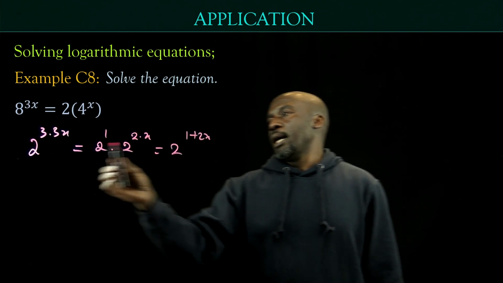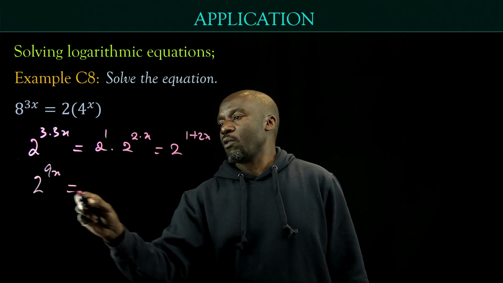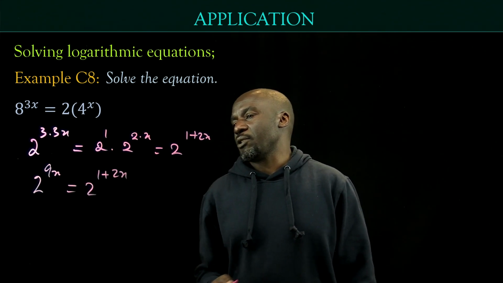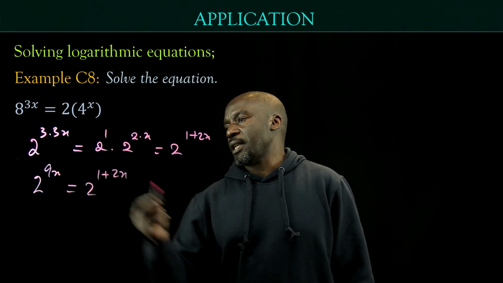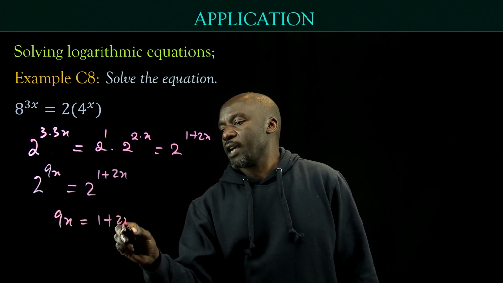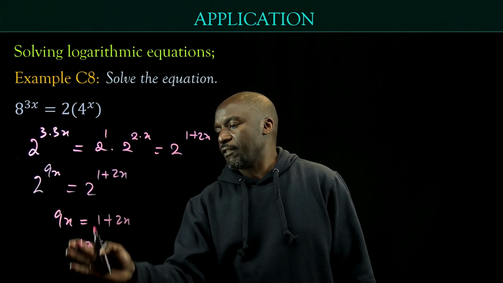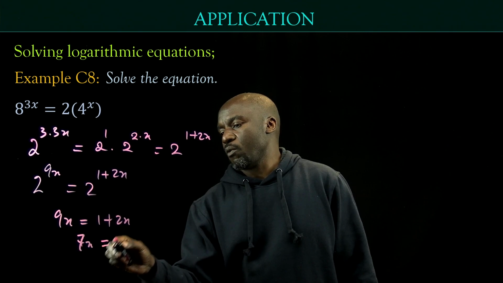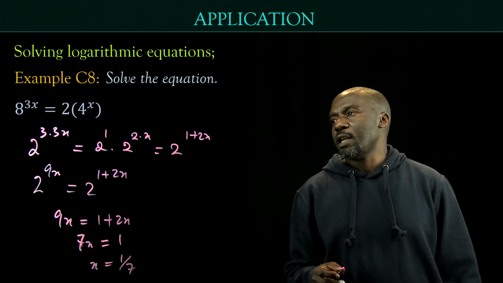So 2 to the power of 9x equals 2 to the power of 1 plus 2x. This is using the exponential method, and if the bases are the same, the exponents must be the same. So 9x must be 1 plus 2x, 11x, no, that's not 11x, that is 7x. So 7x must be equal to 1, and x is 1 over 7. That's the way to do it.